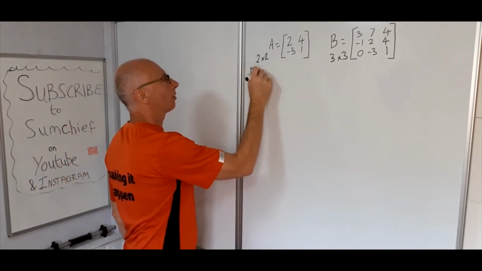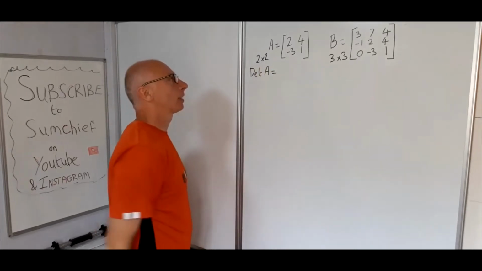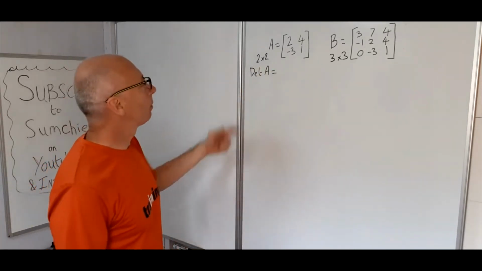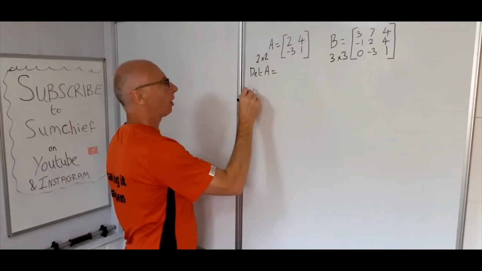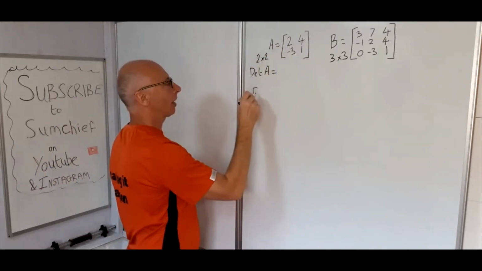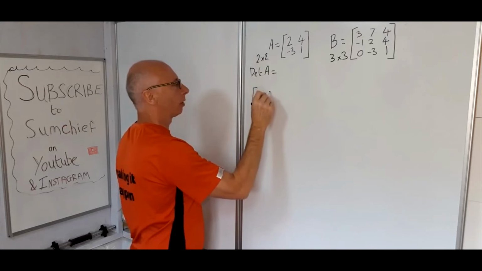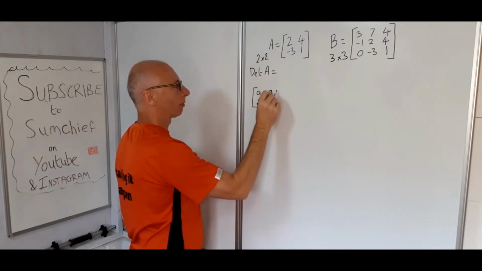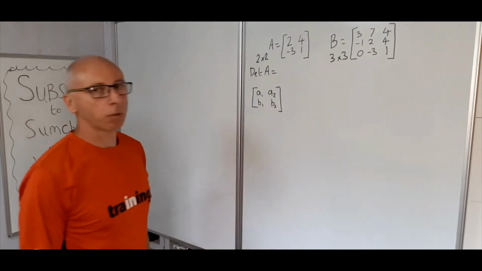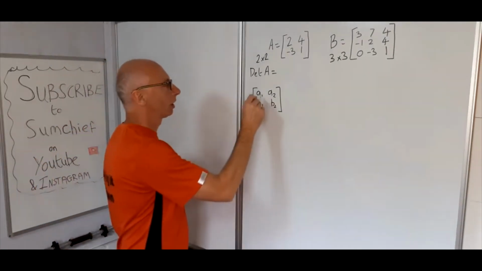So determinant of A, that is worked out by this particular formula. What we'll do is we'll letter each one of the units inside there. We'll call it A1, A2, and then B1, B2. And then what we do is we draw a little cross in the middle.